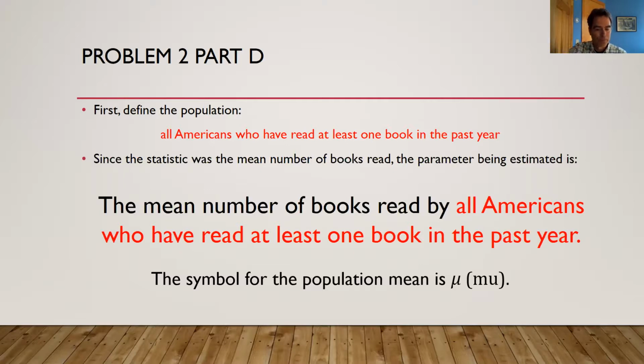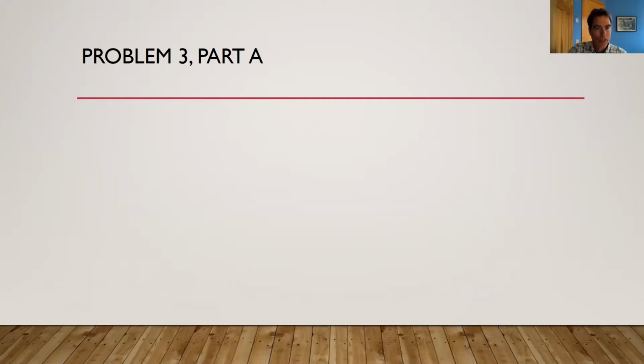For number 3, part A, it asks, what does each dot on the sampling distribution represent? Now you see, we've had dot plots before. In dot plots we've had prior to this, each dot was just a single data value.